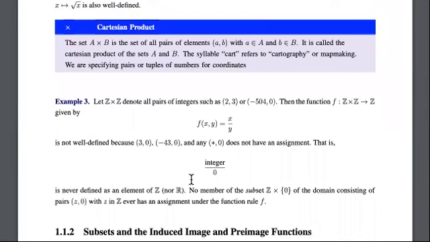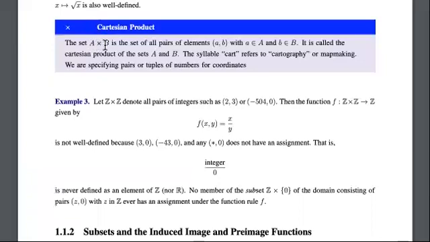Cartesian product. What is this? Well, we can take two sets and make a new set from those sets. Basically, this just means that you're pairing things together. So don't think of this as any kind of fancy operation.